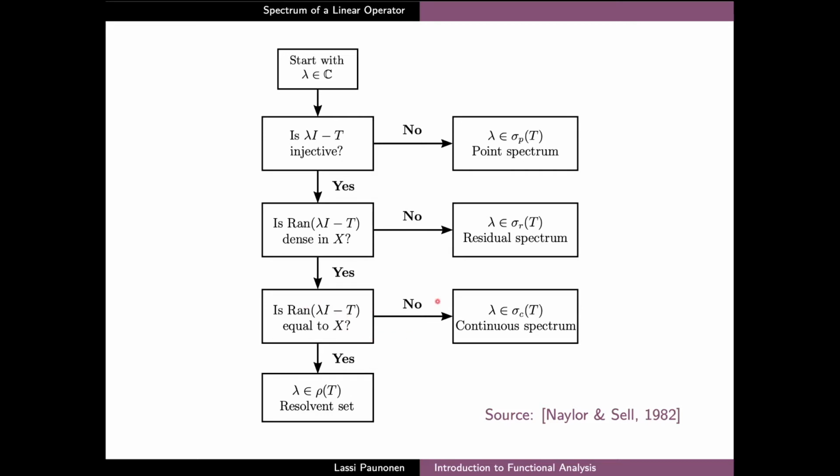And if the answer is no, then by definition lambda is in the continuous spectrum of T. On the other hand, if lambda I minus T is really surjective, then this operator is both injective and surjective, and thus boundedly invertible by the bounded inverse theorem. Because of this, by definition lambda belongs to the resolvent set of T.